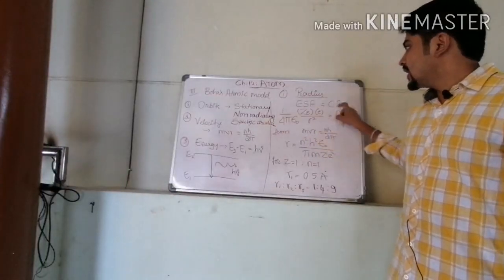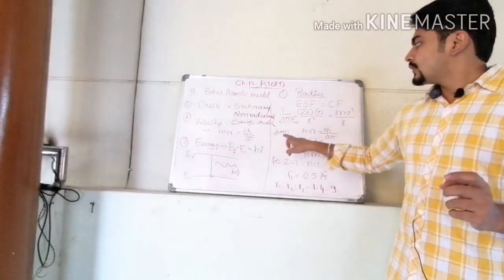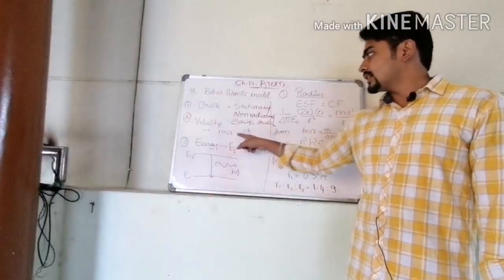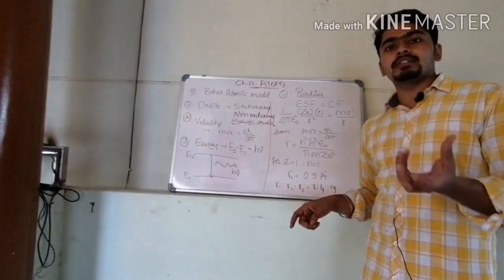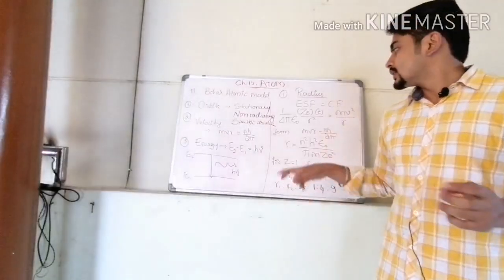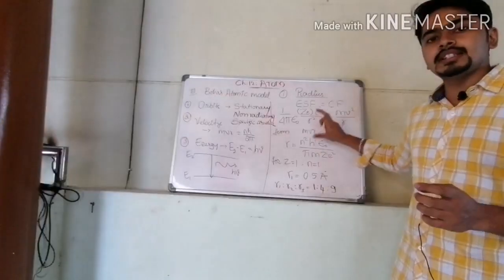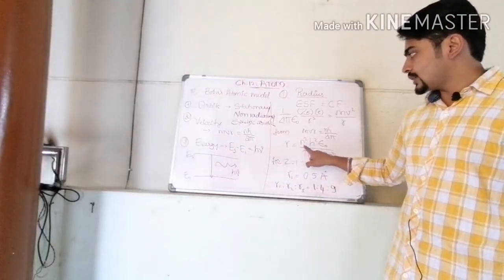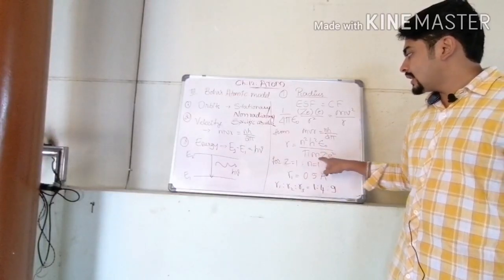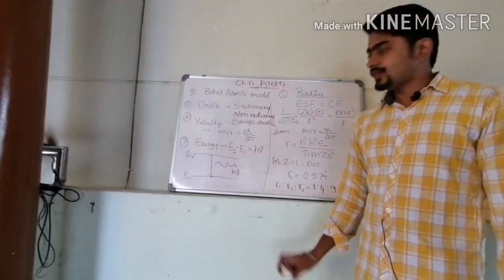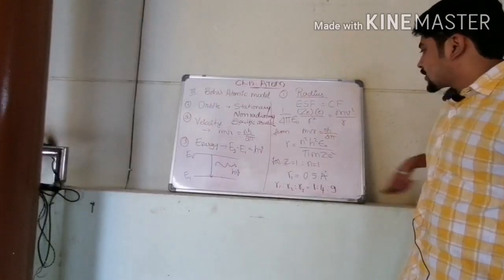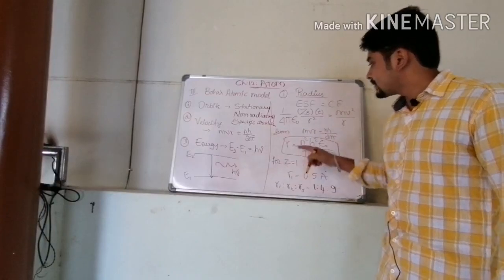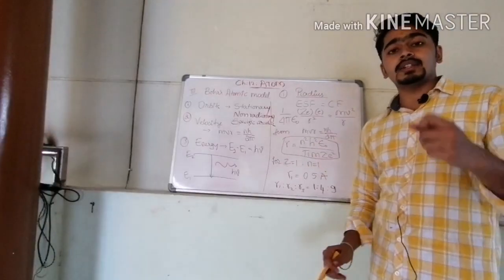Simplifying this equation, and also using the equation mvr is equal to nh by 2 pi, the second postulate, the conservation of angular momentum, using both of these equations, we arrive at the equation of the radius, that is r is equal to n square h square epsilon naught divided by pi m Z e square. This is the equation for the radius of the orbits.